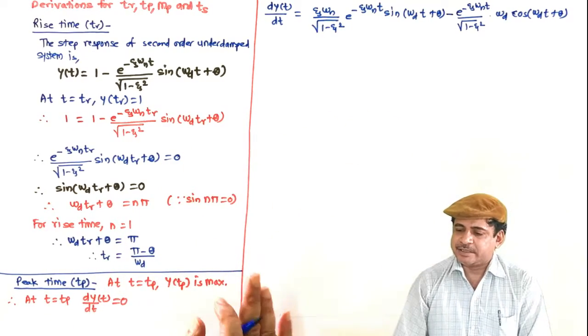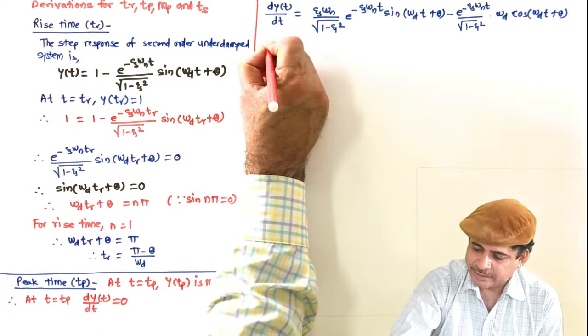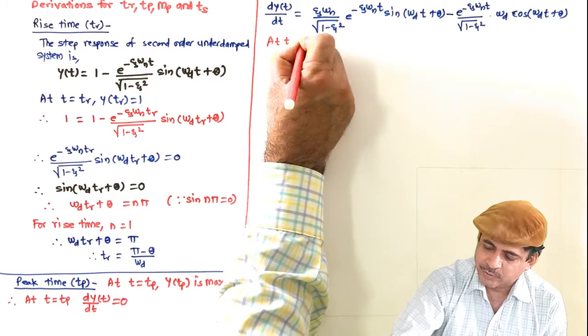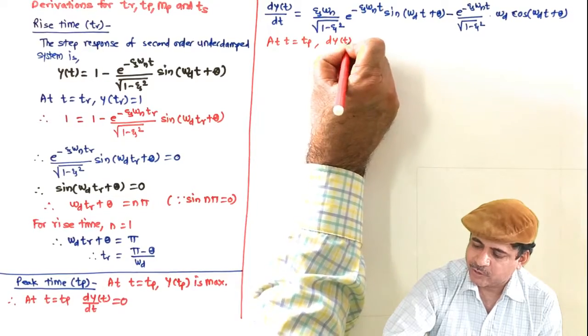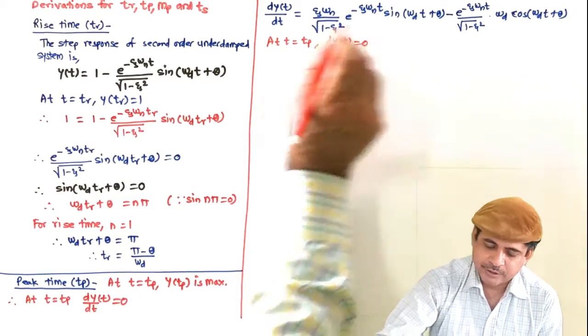So this clearly says that at t equal to Tp, dy of t by dt equals 0.